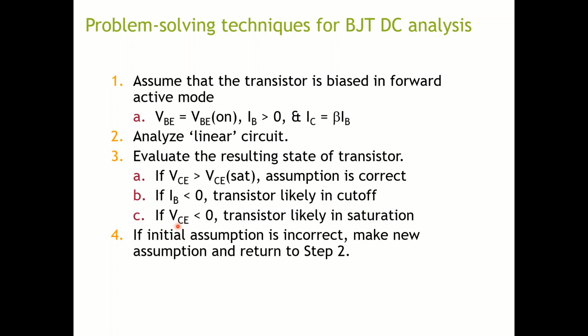Or if your V_CE is less than the saturation value, the transistor is likely in saturation. We will cover this in the next lecture video about different modes of operation. And finally, if the initial assumption is incorrect, you can make a new assumption and return to step 2. Just keep repeating the loop.